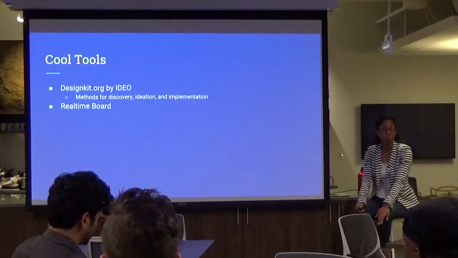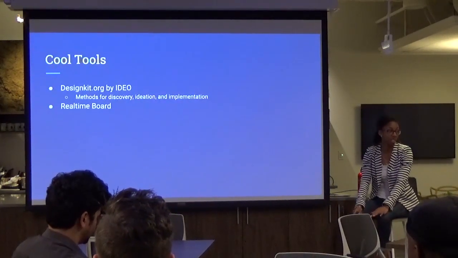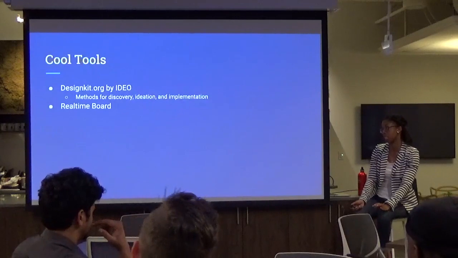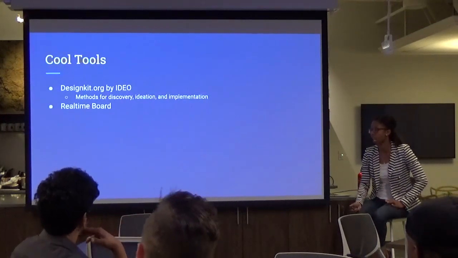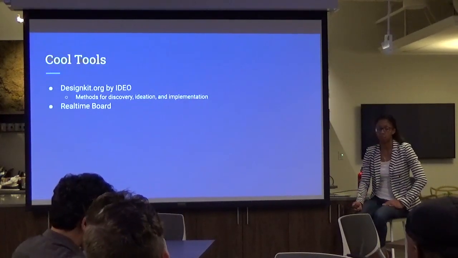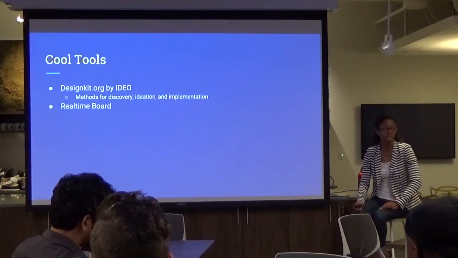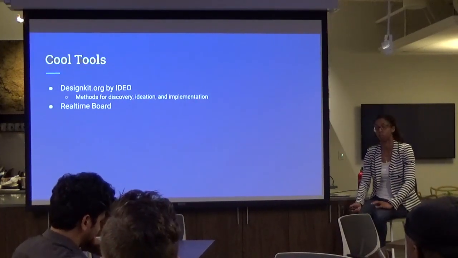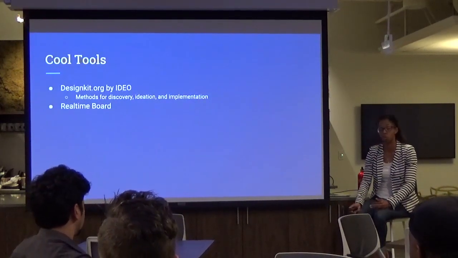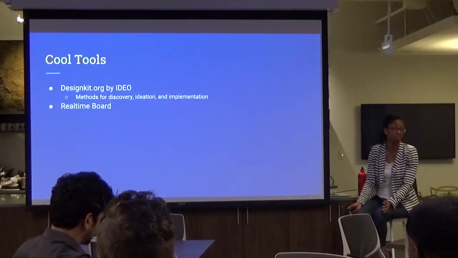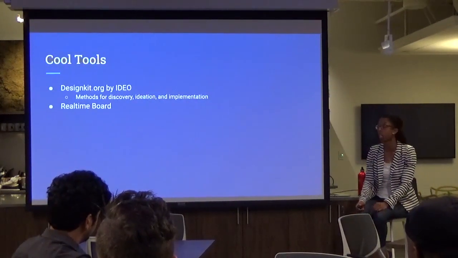Real-time boards. So for people whose teams are not co-located, because we can't have that in the ideal world, it's not always how things work. So real-time board is a nice way of whiteboarding virtually. So sometimes we have these whiteboarding sessions, and if you're the person who's on video chat, it really sucks for you because you're probably not participating.